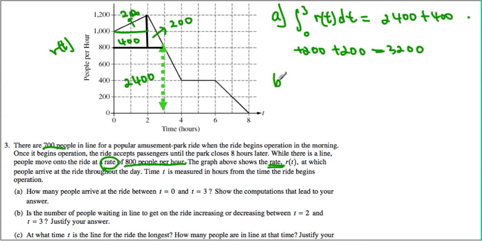Now, part B. Is the number of people waiting in line for the ride increasing or decreasing between t equals 2 to 3?